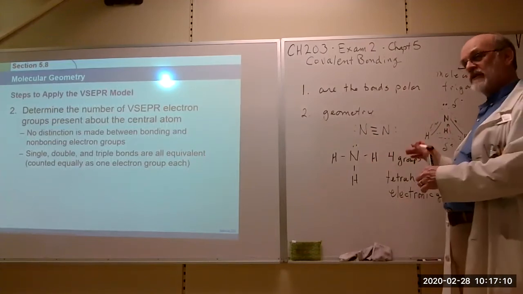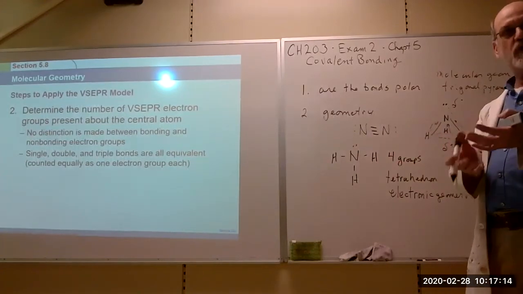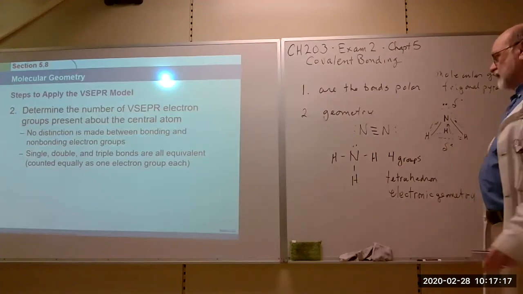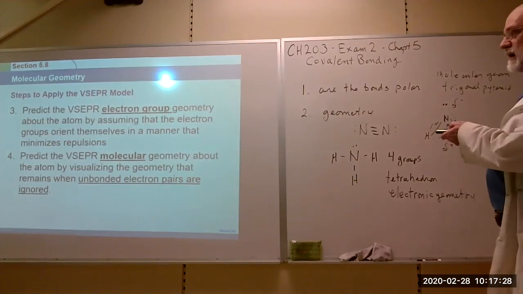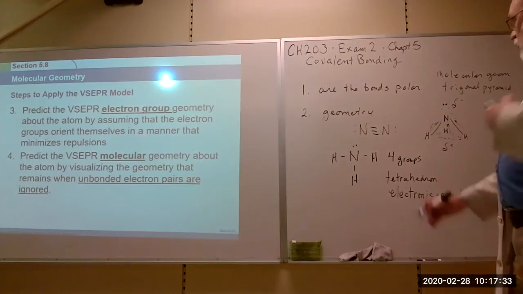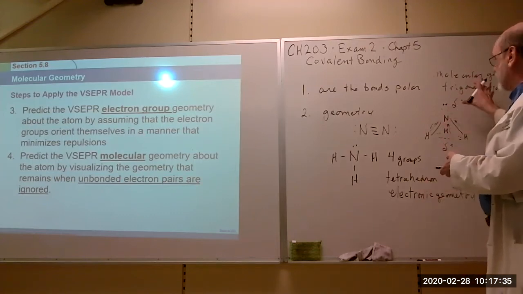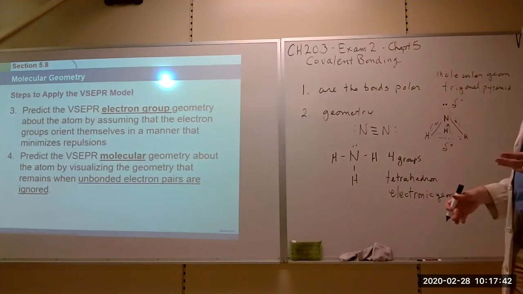But if you have polar bonds, then the geometry will tell you whether the molecule is polar or nonpolar. Then you establish the electronic structure, whatever it happens to be, and then you cover up the non-bonding pairs and establish the molecular structure.